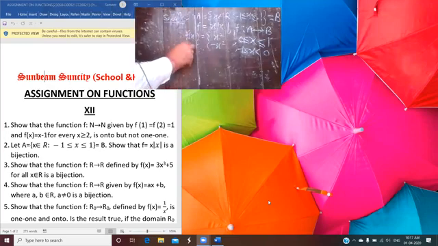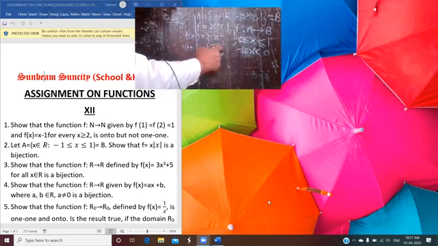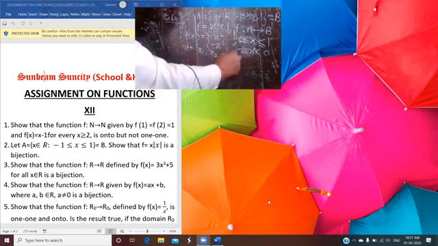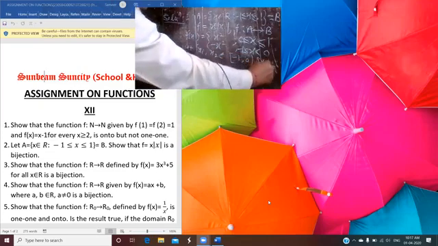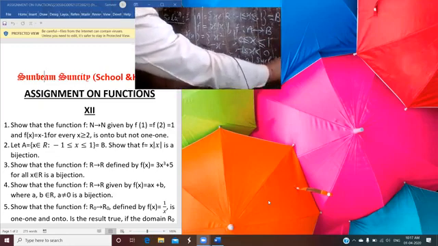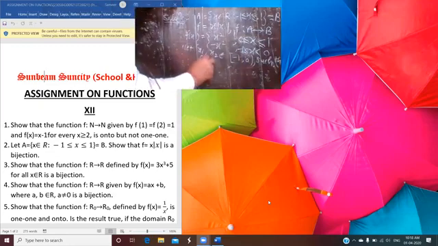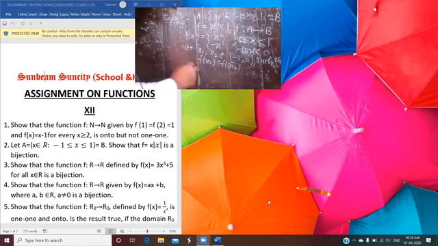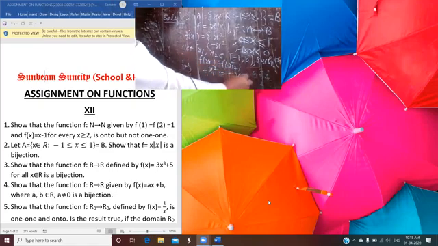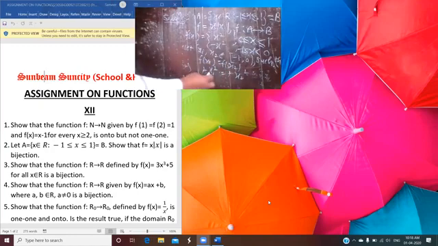Again, let x1, x2 belong to the interval -1 to 0, such that f(x1) is equal to f(x2). This implies -x1 square is equal to -x2 square, and that we cancel out.